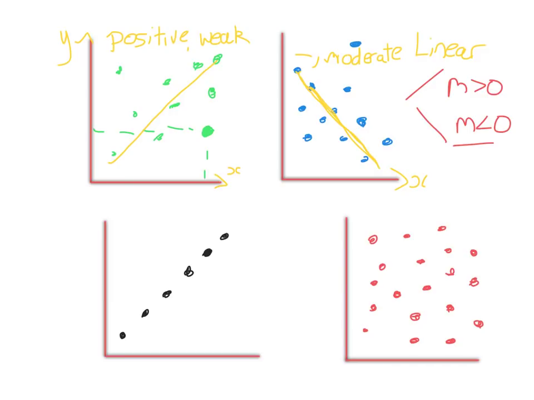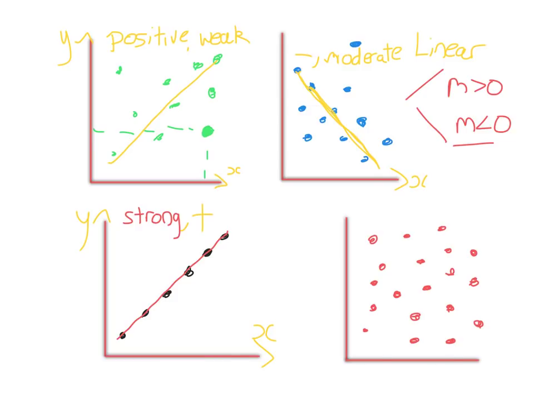So in the one with black, you can see that they all pretty much lie in a straight line. So that's a very strong relationship here. It's almost perfect, and it is a positive relationship because the gradient of this line is positive. As the x value is going up, the y value is also going up.